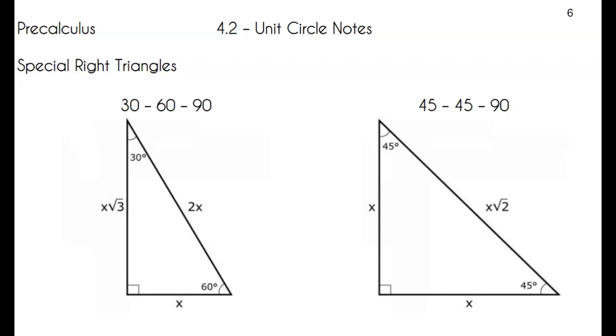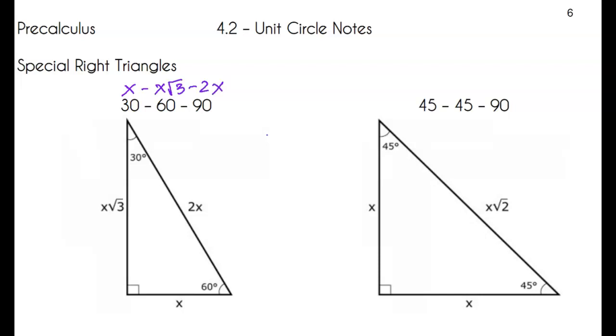A special right triangle is either a 30, 60, 90 triangle or a 45, 45, 90 triangle. Now these values are referring to the angle measures. What makes them so special is no matter what the values are on the side lengths of the triangle, the side lengths will always have the ratio of x, x square root 3, to 2x.